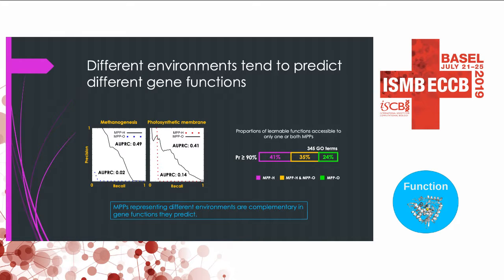So at the very stringent precision threshold of 90%, we can see that only 35% of gene functions are simultaneously learnable by both MPPs, which indicates high complementarity among MPPs that represent different environments.